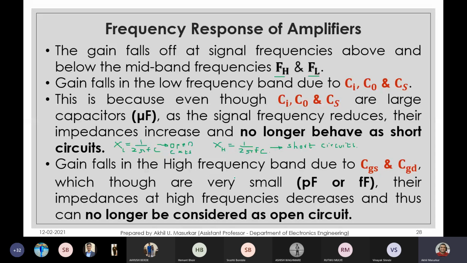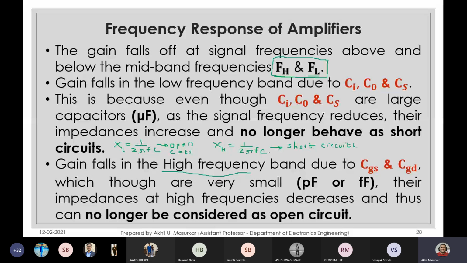So falling is okay, but the way they are connected, they can lead to short circuits, and that is the reason why too much high frequency is also not good, and too much low frequency is also not good. So we have to operate in a certain range, and that range is given by FH and FL.